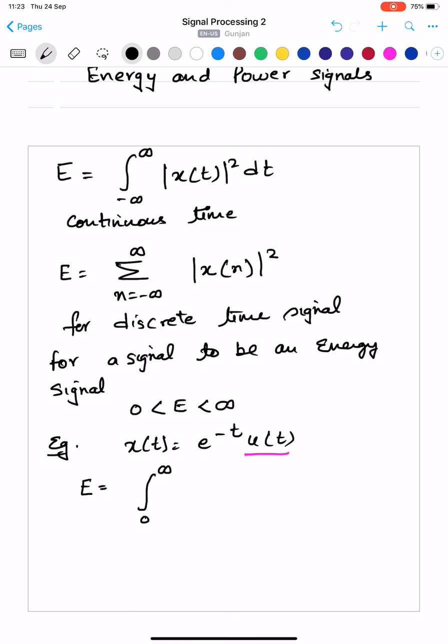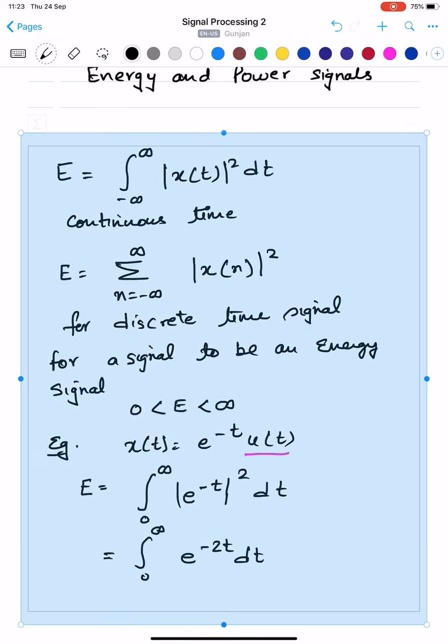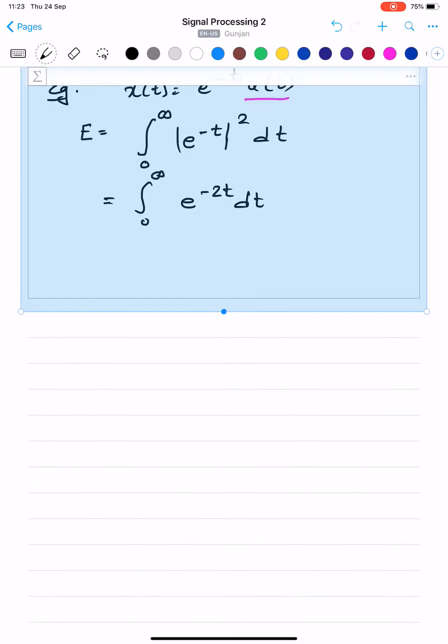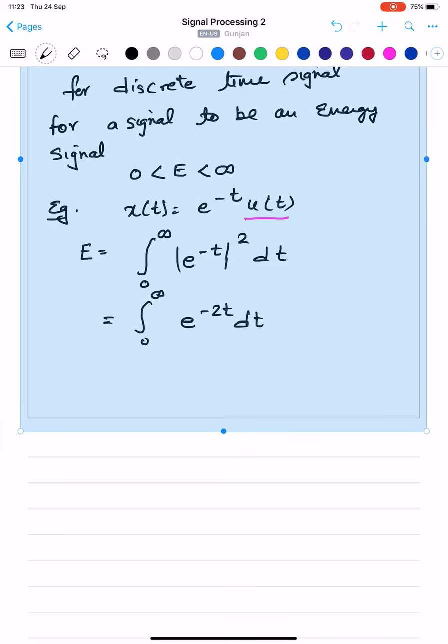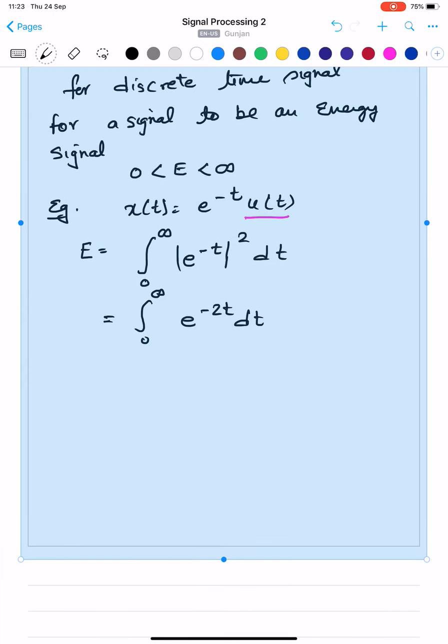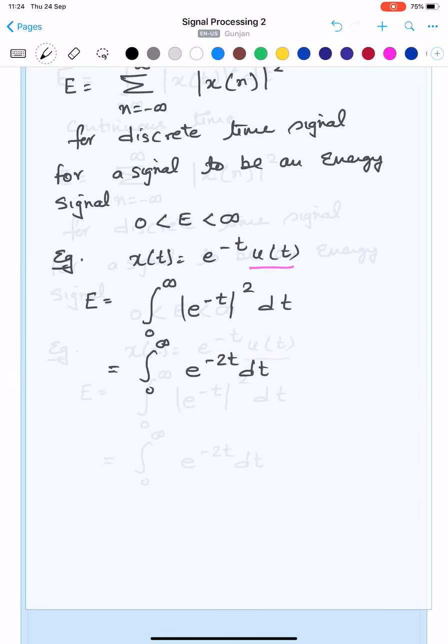So what is left is e raised to the power minus t. The mod is again the same, and squared dt, or you can write it as the integral from 0 to infinite of e raised to the power minus 2t dt. Now integrate it with respect to t.